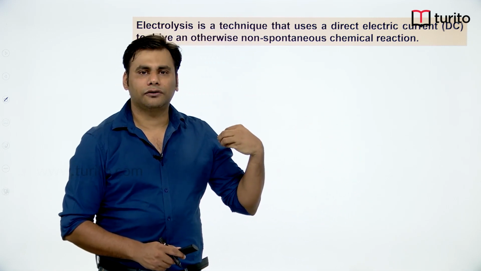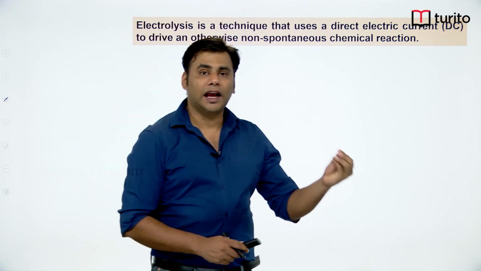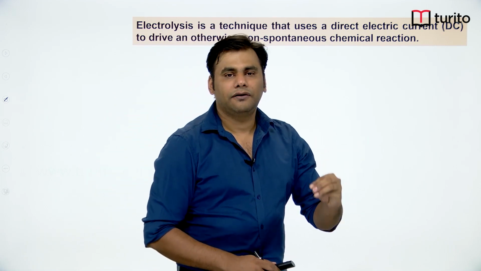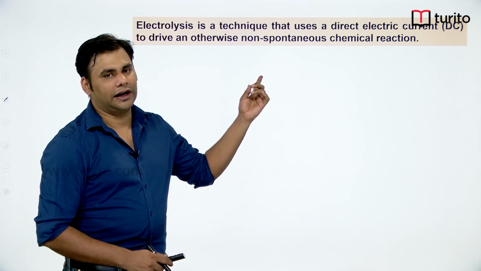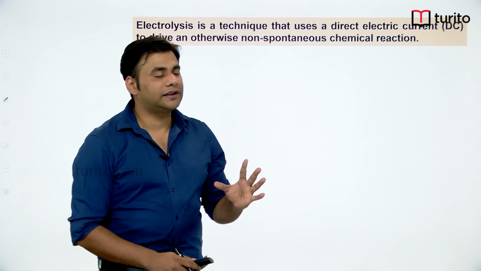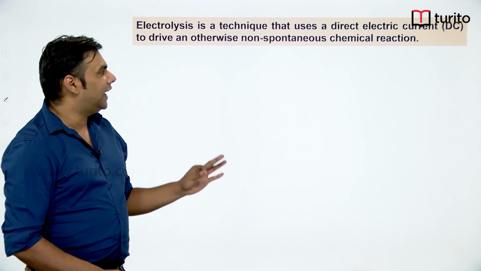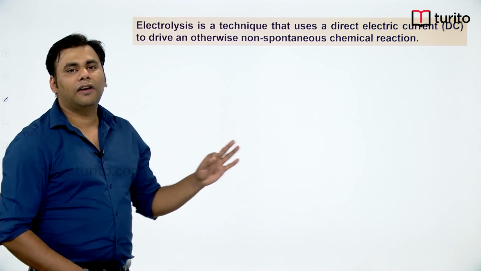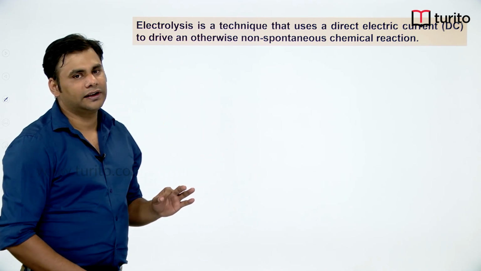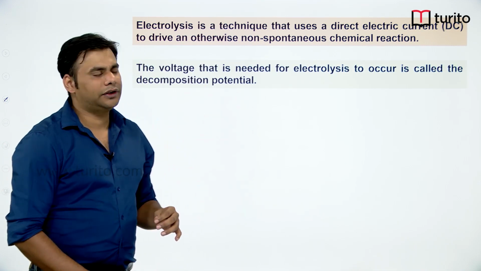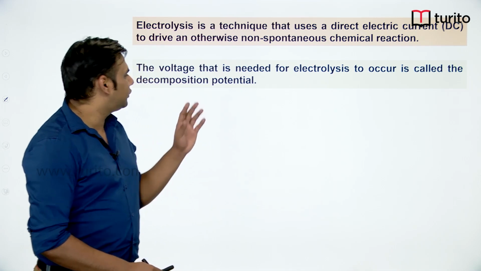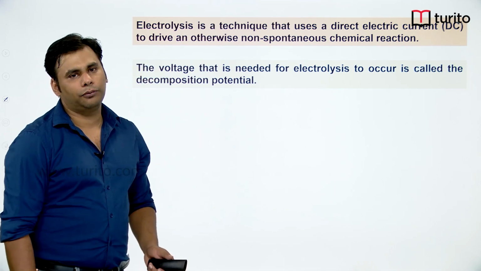The backward reaction was non-spontaneous, so with the help of external current we are carrying out a non-spontaneous chemical reaction. The voltage that is needed for this electrolysis to occur is called the decomposition potential.